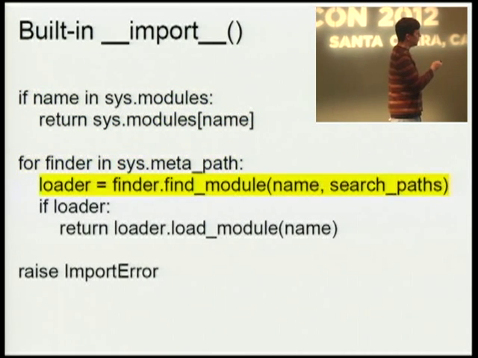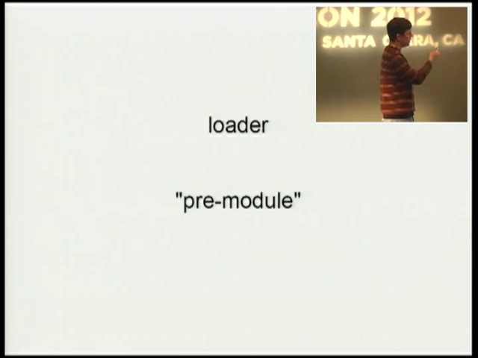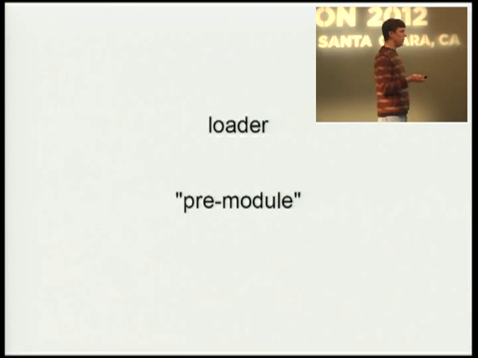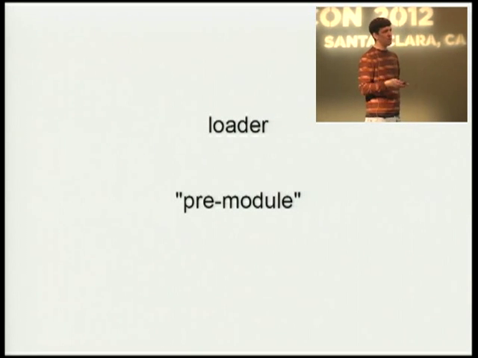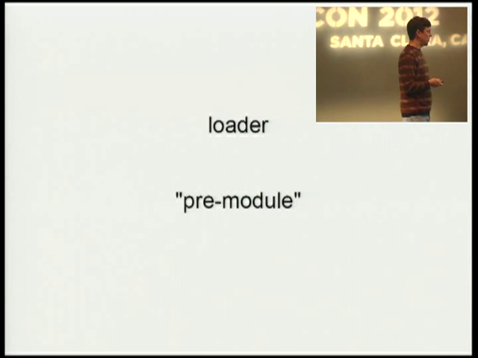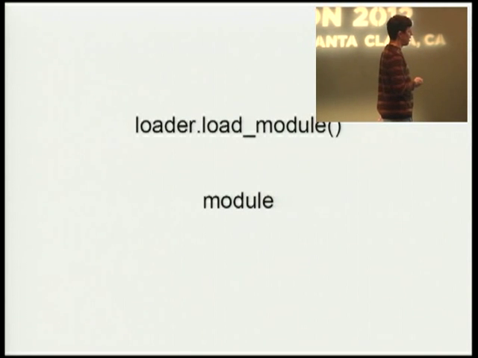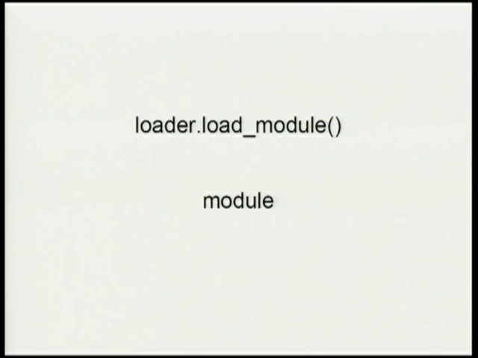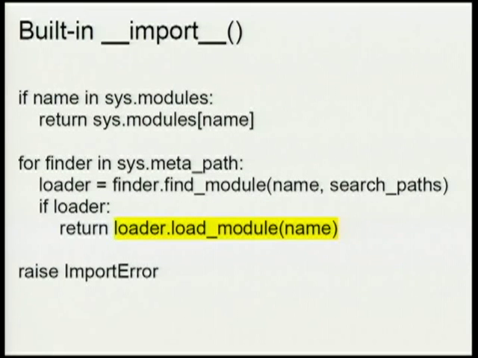So as we step through this, great. The loader, you can think of as kind of like a pre-module. It hasn't been loaded yet, but it holds all the information that you need to load it. And then the end result is that we just have a module that's all working and that is already stuck into sys.modules.